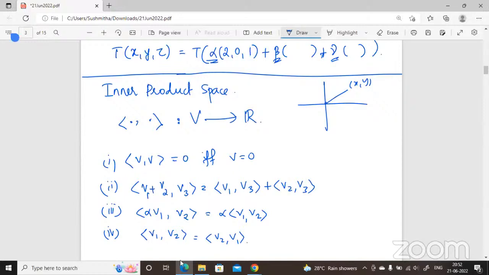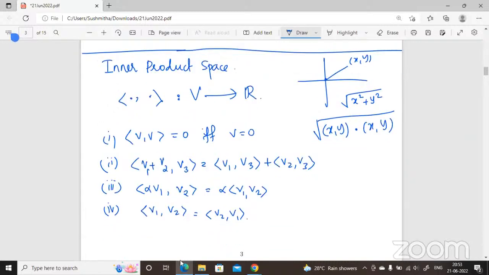In terms of the dot product, the distance from the origin to this point is the square root of x minus 0 whole squared plus y minus 0 whole squared. This can be written as x comma y dot product with x comma y, that is x squared plus y squared. So this is the concept of length in R2 or R3.